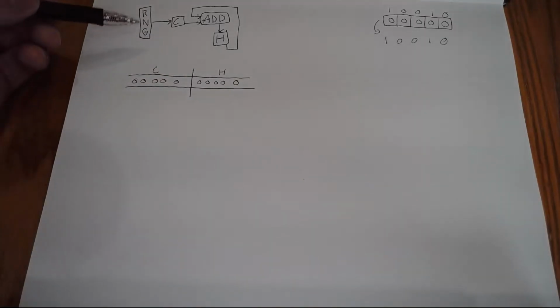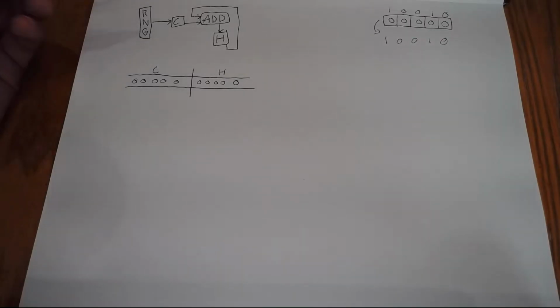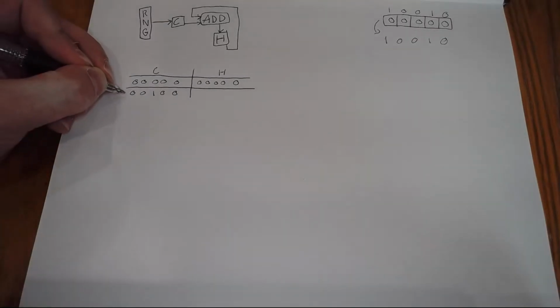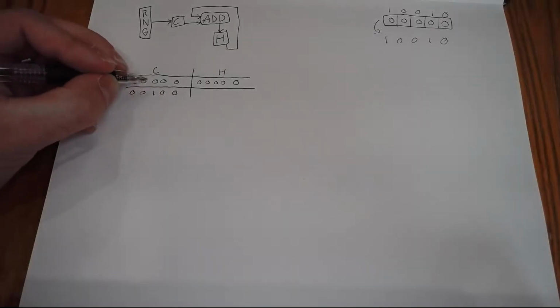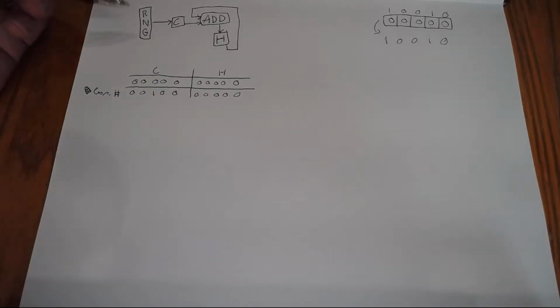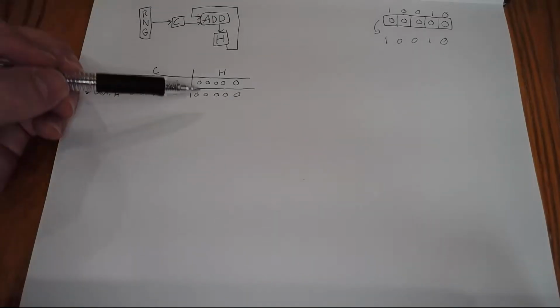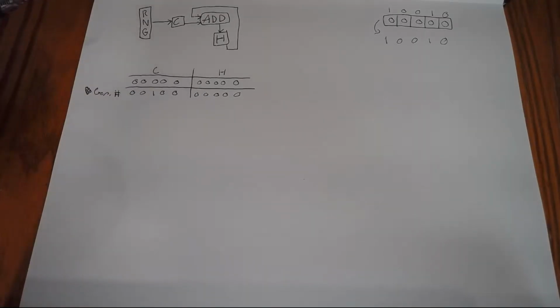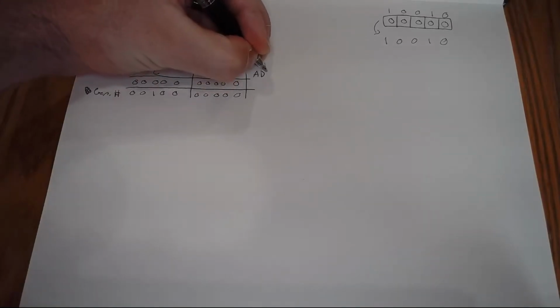Then let's say we use the random number generator and we generate the number 4. This is 4 in binary. 4 plus 0 is 4. So we generate a number using the random number generator. We write that number to the register. And for now, the hand is still at 0. Let's add another column for the adder.